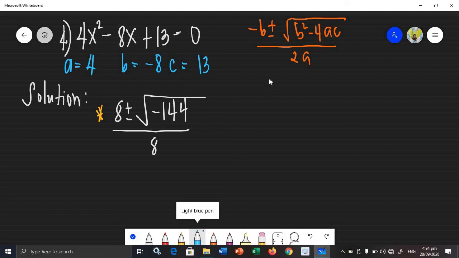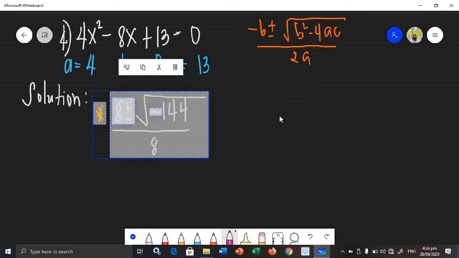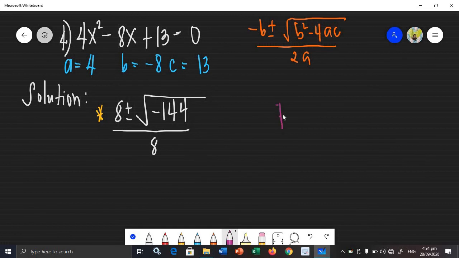Kasi I always say na when you come up with an answer na katulad niyan, that is called an imaginary number or a non-real number.